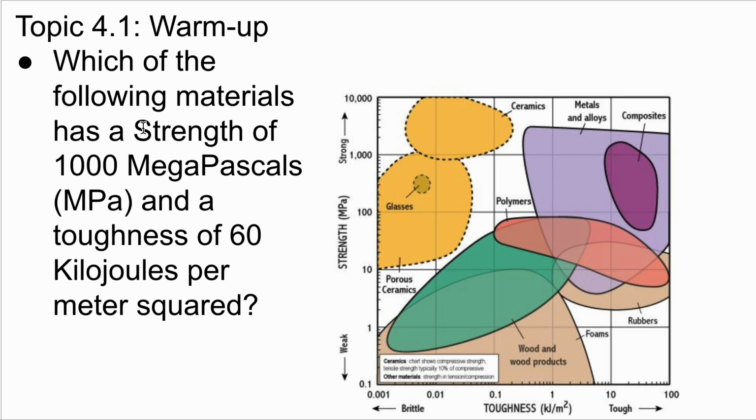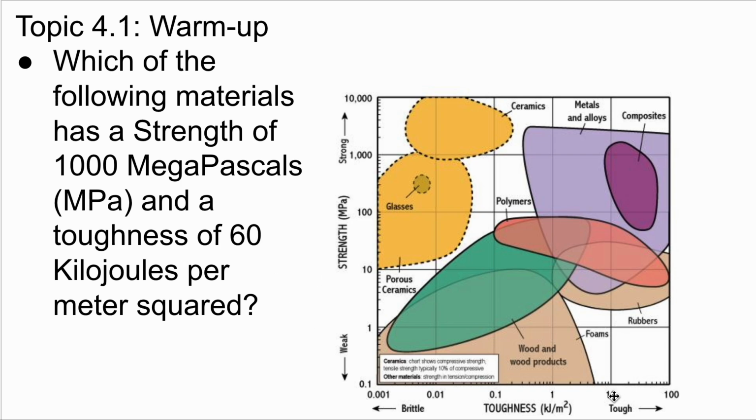So if I'm answering this question, which of the following materials has a strength of 1,000 megapascals and a toughness of 60 kilojoules per square meter, what I would be doing is saying, okay, I'm looking for 1,000 megapascals, so that's here. So it's something along this line right here. And then I'm looking for 60 kilojoules per square meter.